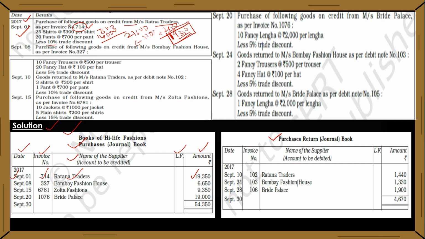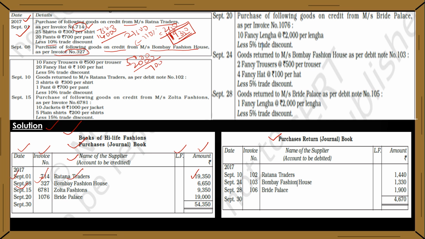Next is purchase of following goods on credit from Messrs. Bombay Fashion House as per invoice number 327. So the source document is 327 on September 8th. Let us see what is the net amount. 10 fancy trousers at 500. 10 into 500 is 5,000. 20 fancy hats at rupees 100 per unit. 20 into 100 is 2,000.